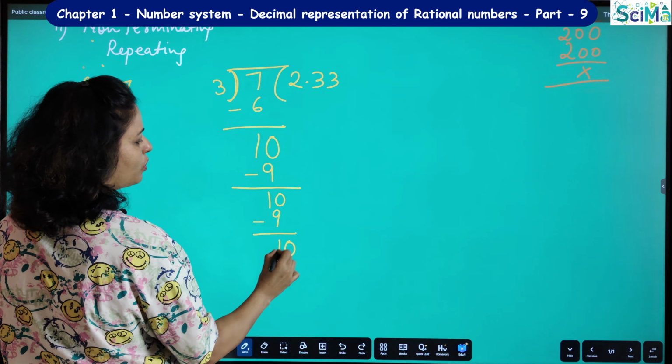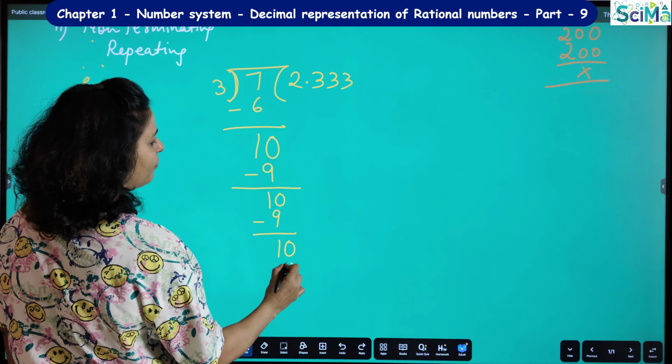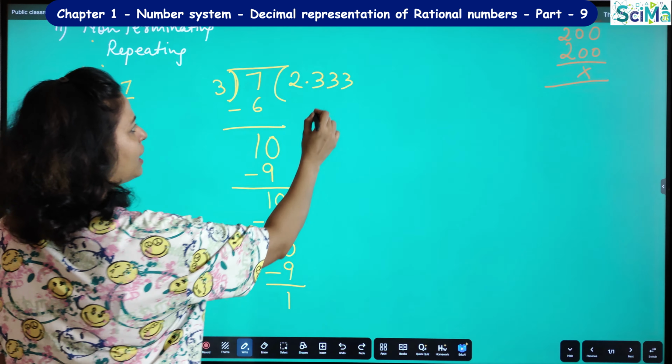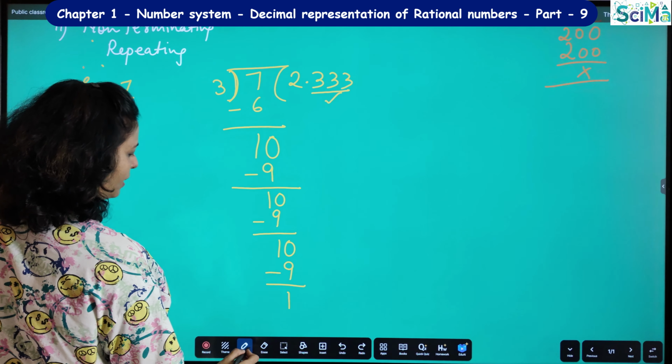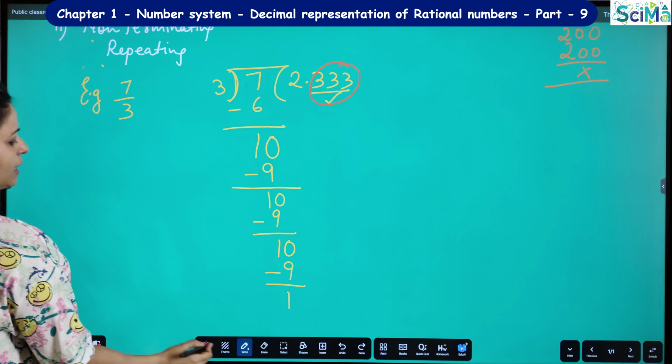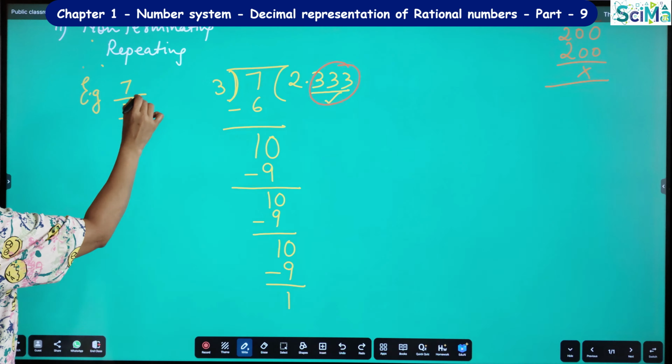Again you put a 0, then again 3 3s are 9. So see, this process continues. And what do we get in the repeating block? We get 3, right?